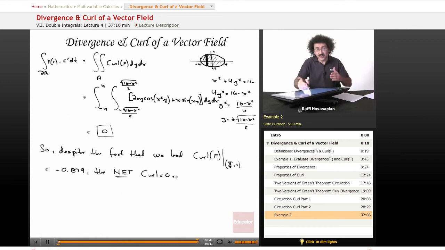In other words, this vector field over this region is not rotating this way or this way. When the curl equals 0, we call the vector field irrotational. This vector field is irrotational. That's it. Straight mathematics.